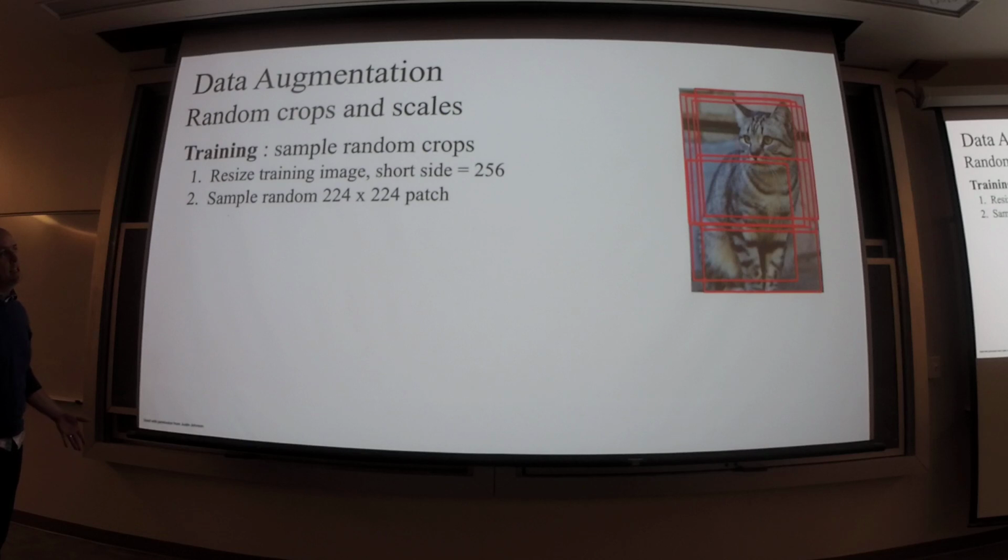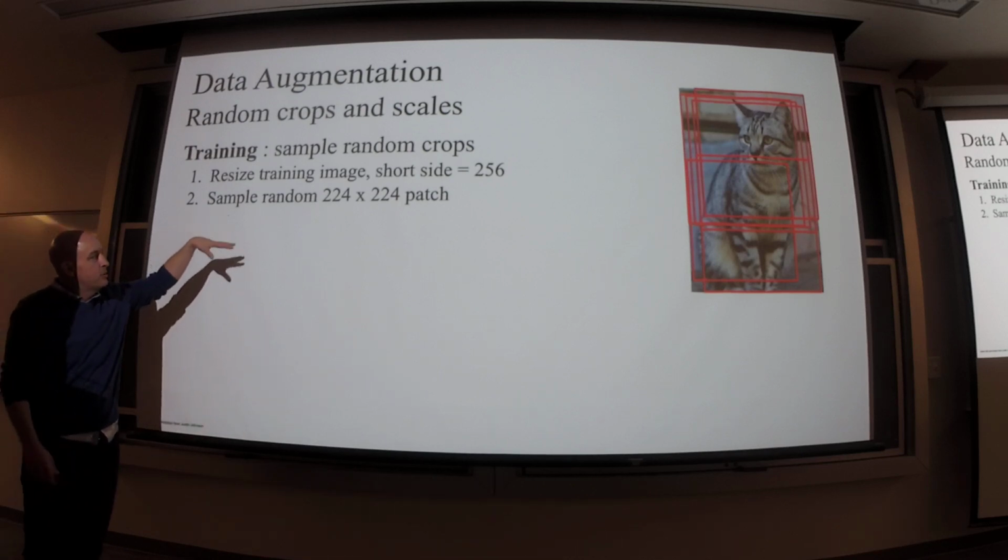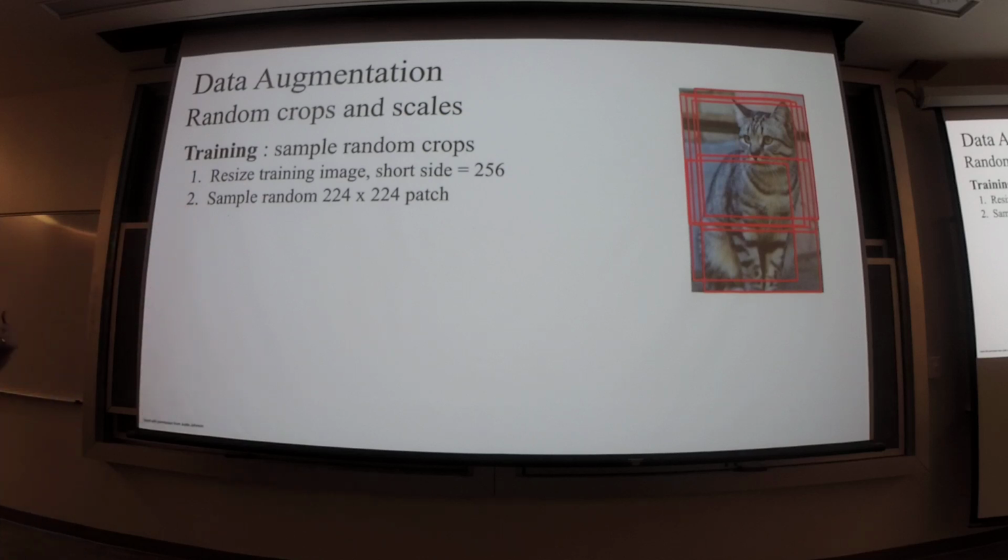So if you remember, the images were, let's see, what did I say, 227 by 227? I think that's what they were. Anyways, what AlexNet did, and what everybody did afterwards, was to take your image, rescale it so that the short side has some standard size like 256, and then randomly sample, in this case, a 224 by 224 patch from within it.